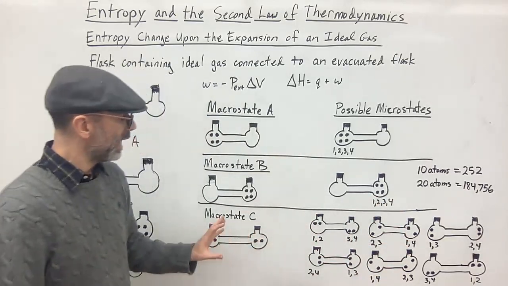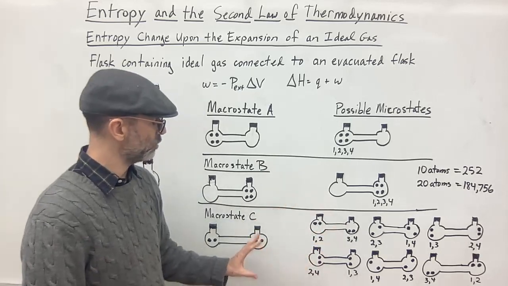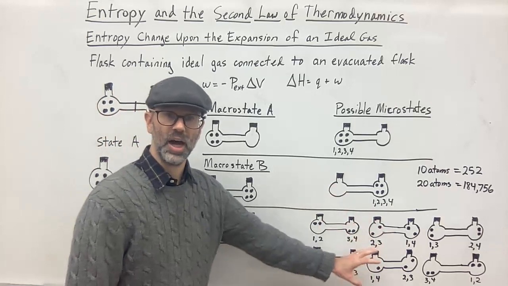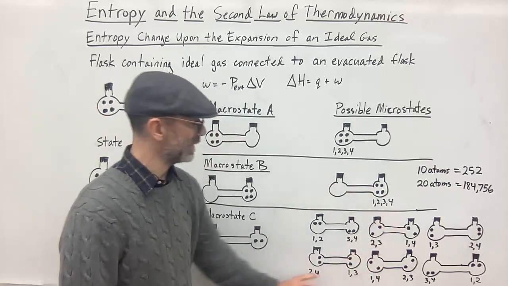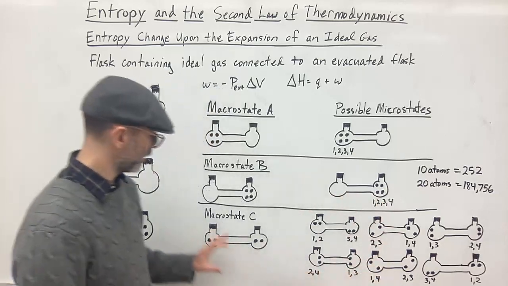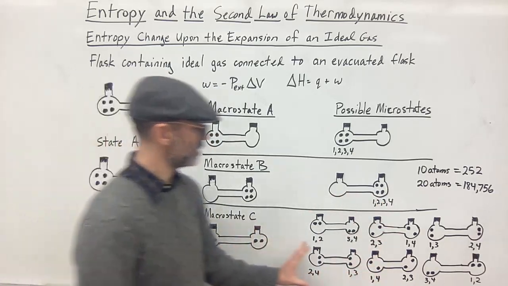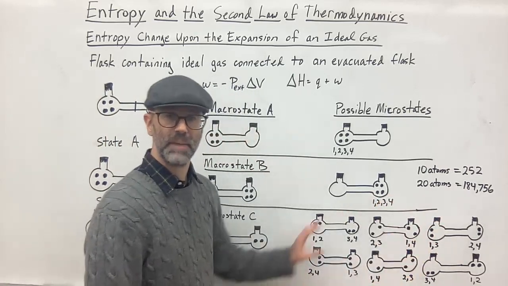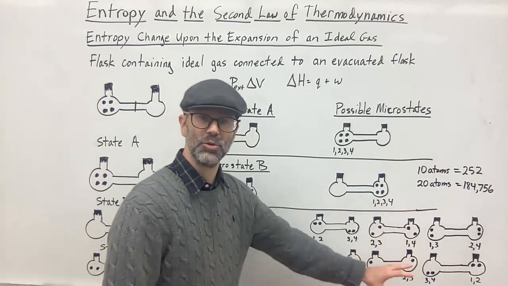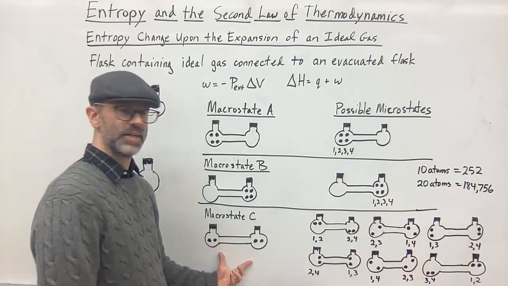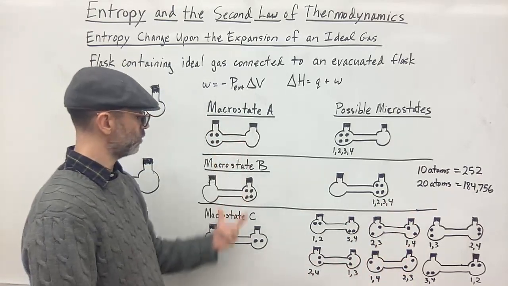So as far as probability goes, this has a larger statistical probability of winding up in this form, in these microstates, or in this macro state, because there's more energetically equivalent microstates or ways to arrange your particles that fit this macro state compared to these two, right?